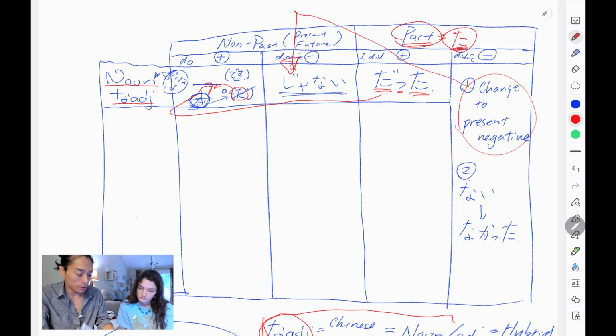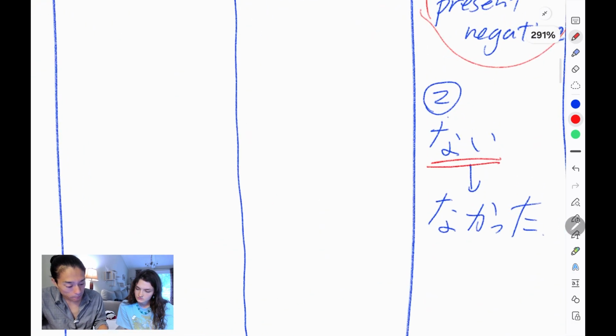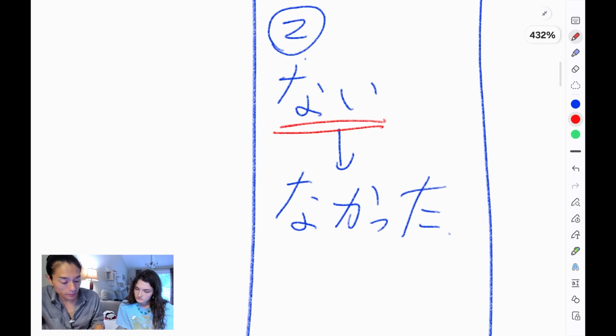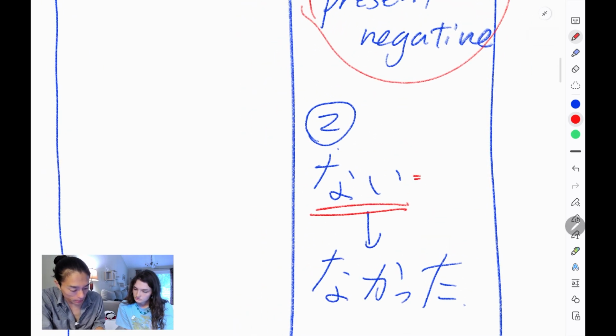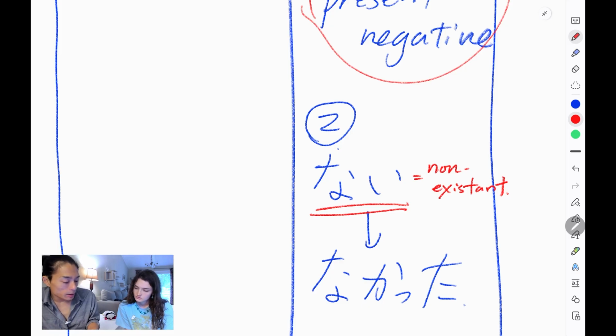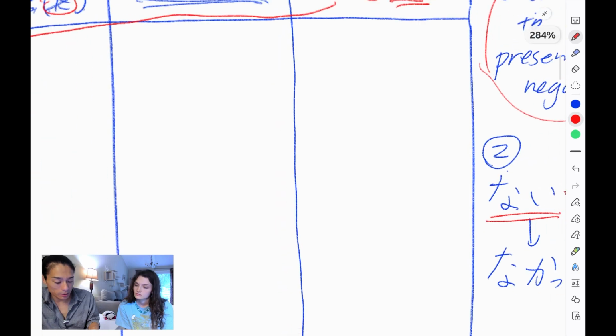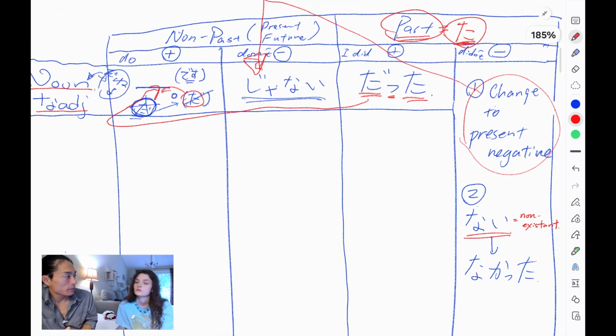Okay. So nakatta, what does that mean? That's a really good question, and we do have to explain. Nai is a word on its own, dictionary form, and this means non-existent. Because it means non-existent, this one is used as part of the conjugation for negative here.